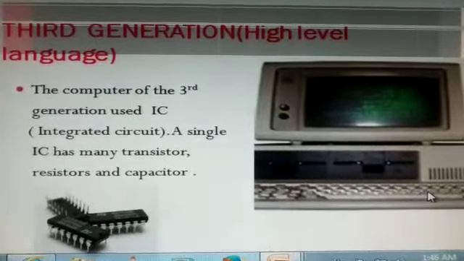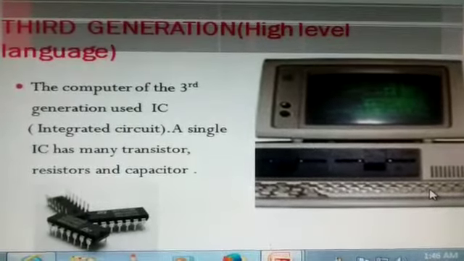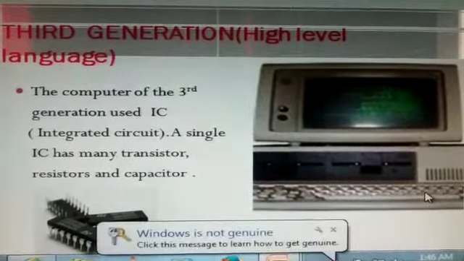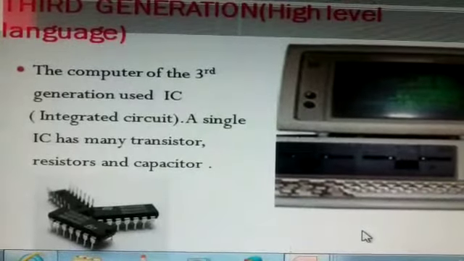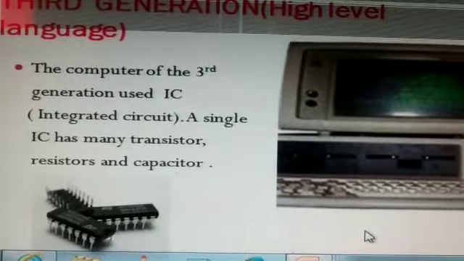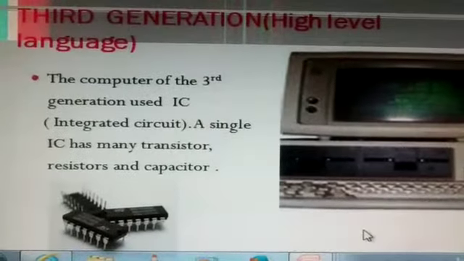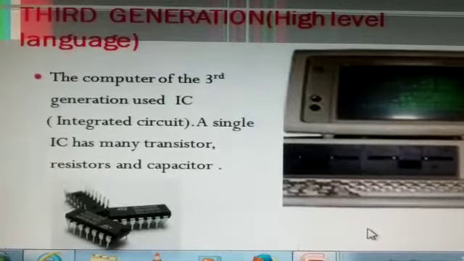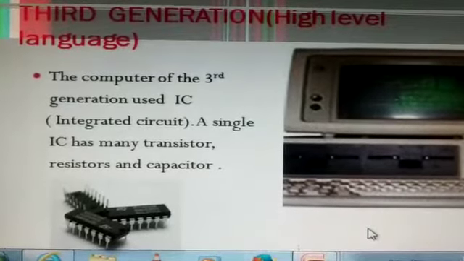Now, come to the third generation. You can see here, this is the image of the third generation of the computer. The computer of the third generation used IC, where IC stands for integrated circuit. A single IC has many transistors, resistors and capacitors.